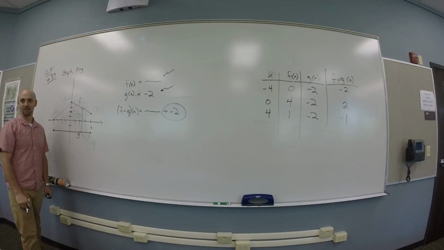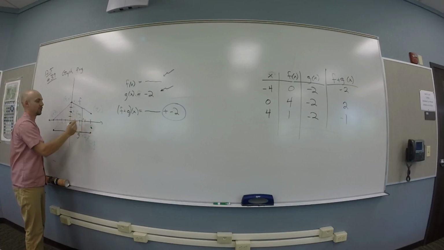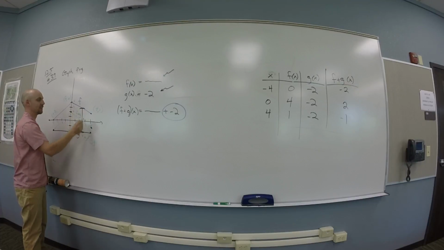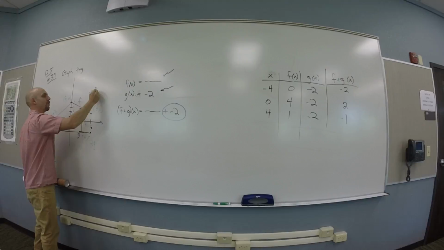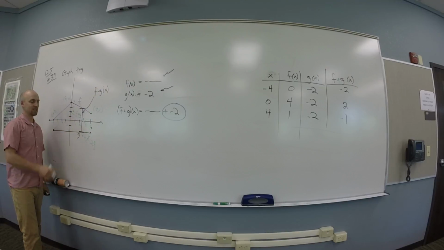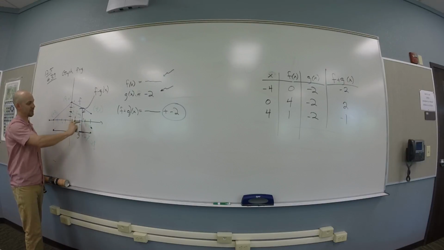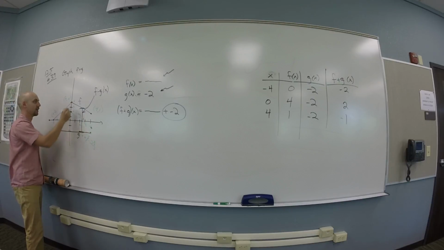So if this is an x, then this height here is f minus g at x, for that given spot on the slider. So like here, between 2 and 3, it's this high. Over here at 0, it's this high.